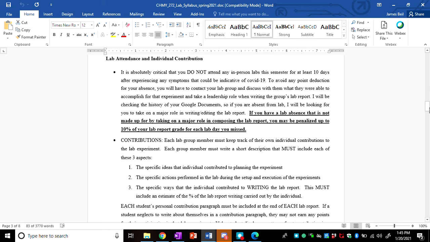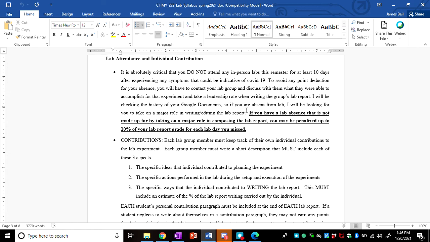So you've got to either take on a major role in writing the lab report, or at the very least, if you miss lab, you want to make up for it by being especially active in editing the report and active in contributing ideas in your Discord chat for how to carry out the experiment and do analysis and everything like that.